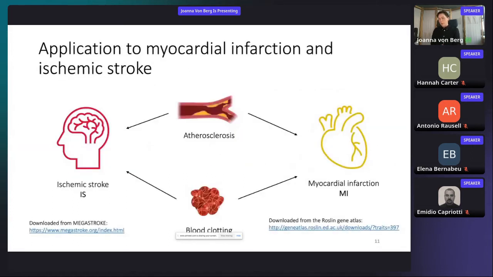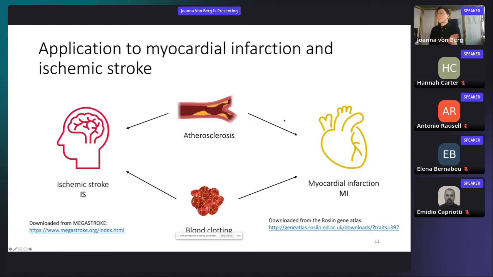So now I quickly want to show you an application of PolarMorphism to 2 traits, and then later on I will also go into an application on multiple traits. We've applied our method to ischemic stroke, which is a brain infarction, and myocardial infarction, which is a heart infarction.